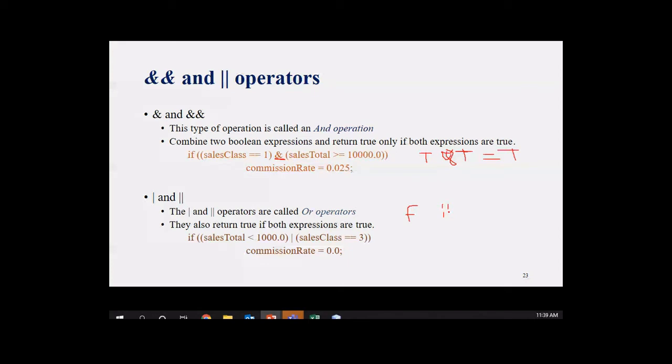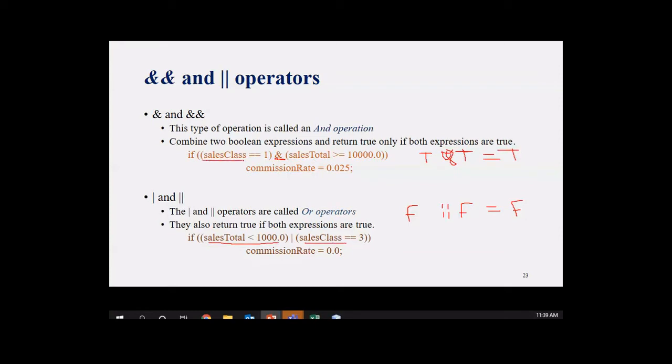You can use one or you can use two. That's fine. You need to have false and false in order to get false. If any one of them is true, the result will be true. Here it is the opposite of and. If any one is false, the result is false. But in or, if one of them is true, the result will be true. This is an example on that.